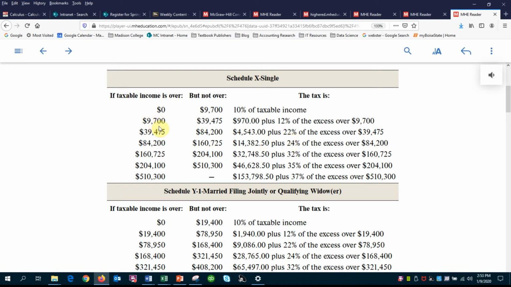The amount of their income between $9,700 and $39,475 is taxed at 12%. And then finally, the very first $9,700 of taxable income is taxed at 10%. And this is how we use these tables then to determine the tax obligation for a taxpayer.